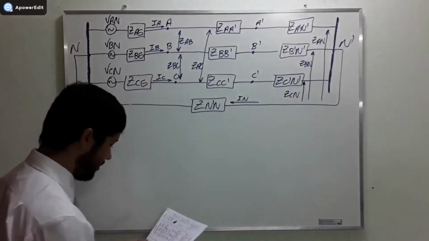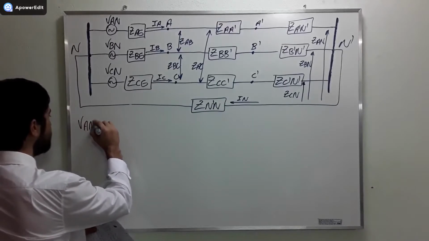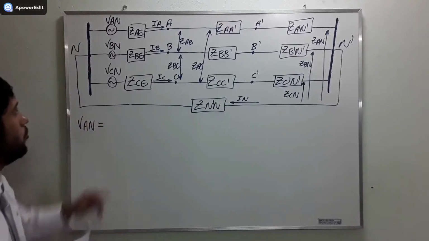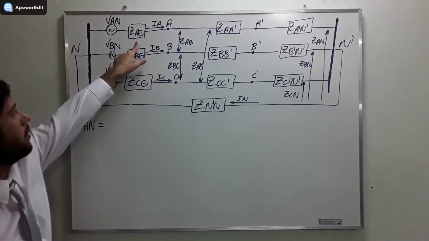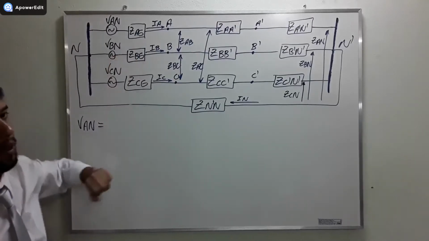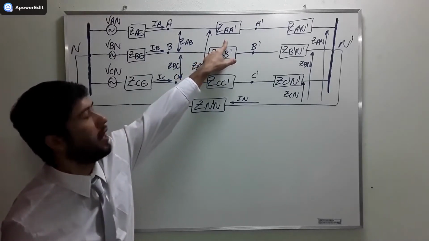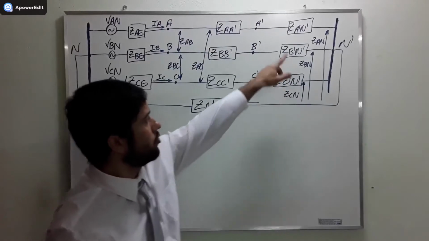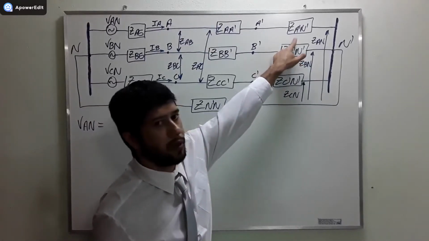Kirchhoff's law says that VAN is going to be equal to the voltage drop here, IA times ZAG, plus the voltage drop here, IA times ZAA', plus the voltage drop here, IA times ZA'N'.